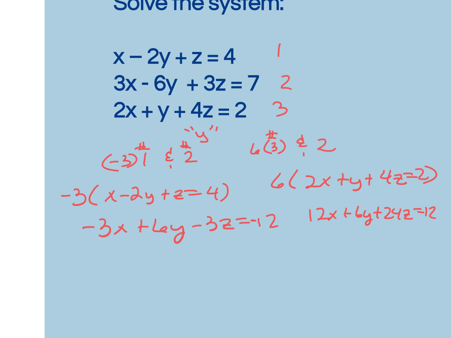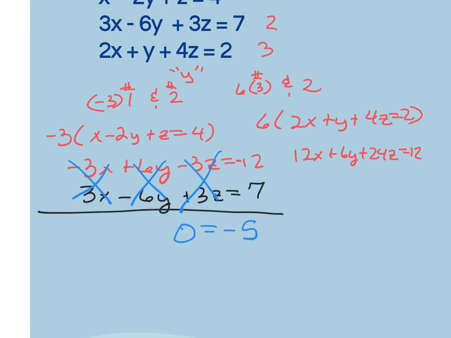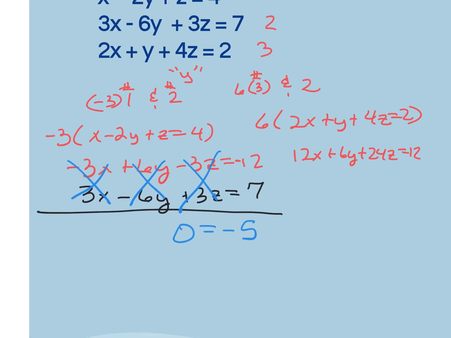So let's go ahead and try the first one. I'm going to write equation number 2 underneath it: 3x minus 6y plus 3z equals 7. Notice that my x's cancel, my y's, my z's, and now I'm left with 0 equals -5. As soon as you get nonsense like 0 equals -5, which will never occur, you stop, and the answer is no solution.